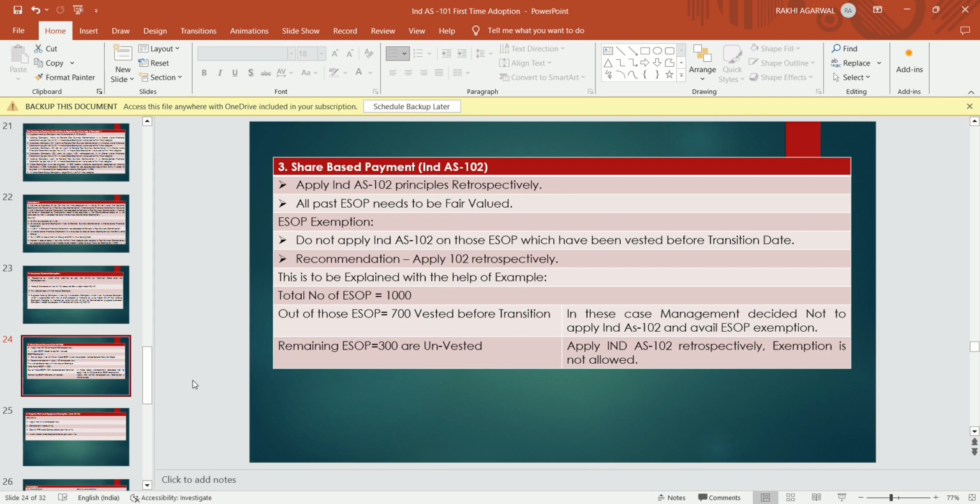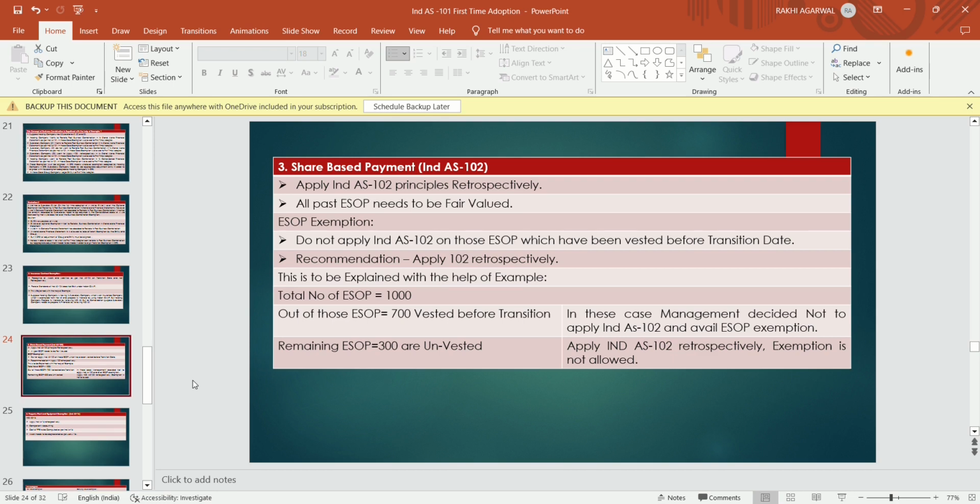These 700 are exempted from application of Ind AS 102 because they vested before the transition date, and for the remaining 300, which have not yet vested on the transition date, application of Ind AS 102 is mandatory. Exemption is not allowed.